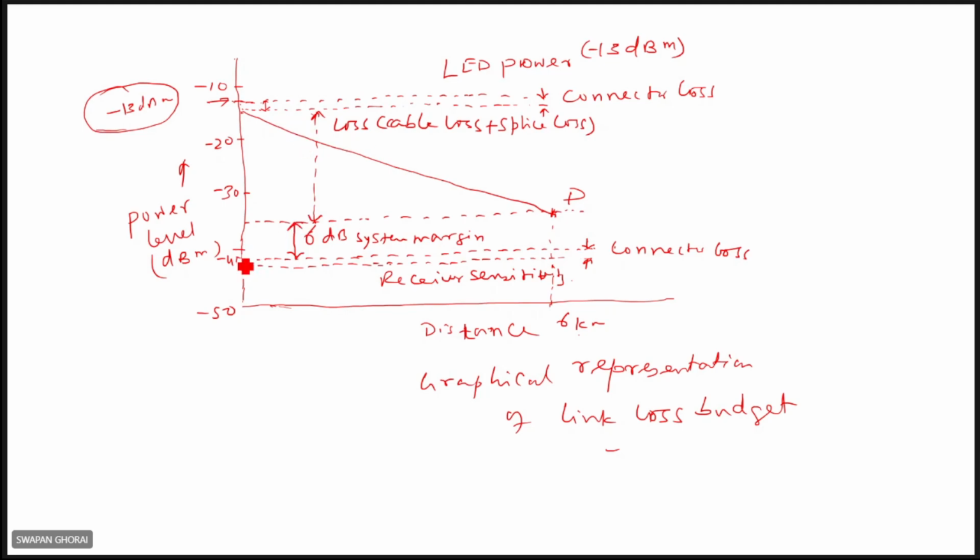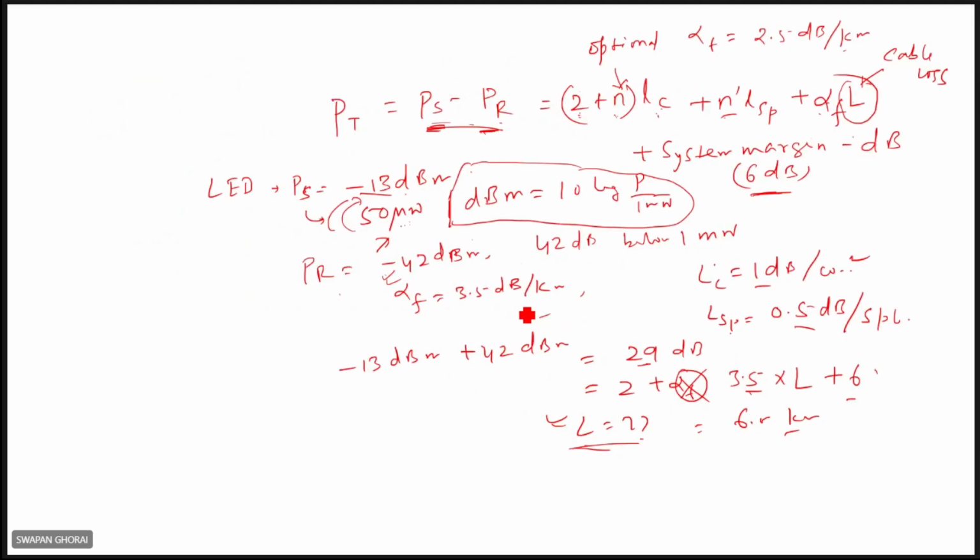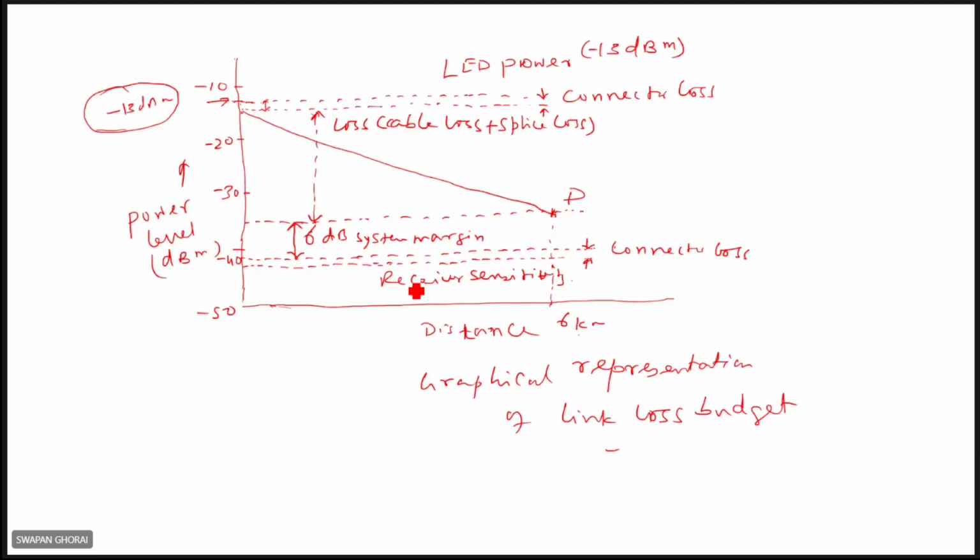And the receiver sensitivity, in the example, is minus 42 dBm, but connector loss will be there, 1 dB, right? You can see it here.